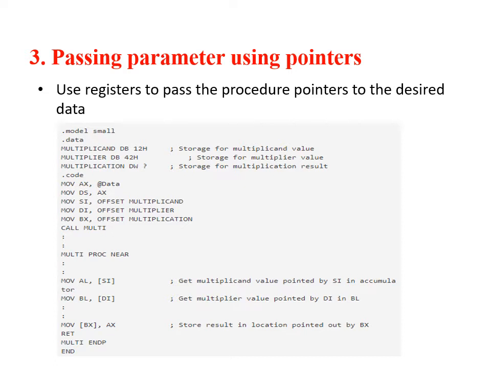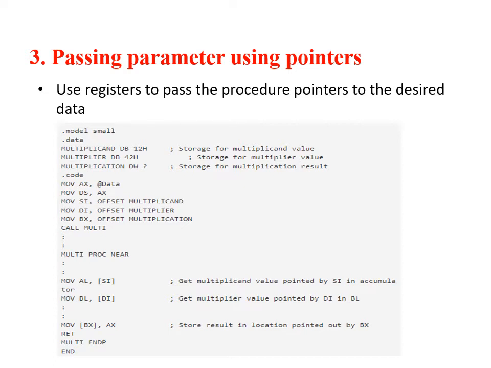Now we are invoking the multi command. Within multi, how will you get the value stored in the memory location identified by the variable multiplicand? You have given the offset value of multiplicand into SI, which means SI holds the address. If SI holds the address, to get the value from that address you need register indirect addressing mode.